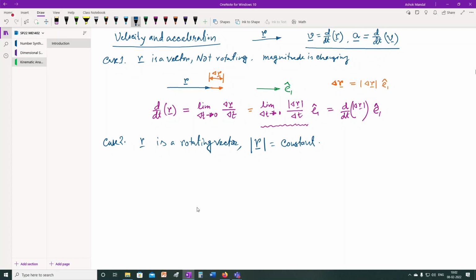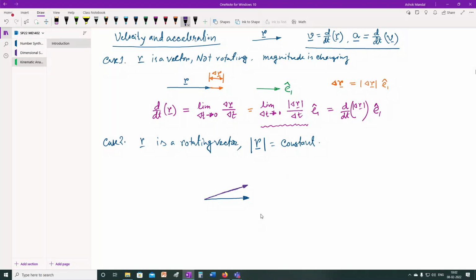So again, we draw a vector R here. This is vector R, and as we said, this vector is a rotating vector. Suppose after a very small time, it has rotated to a position like this. Remember that it is not changing its magnitude.